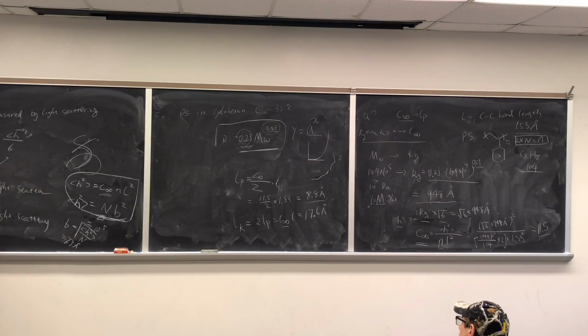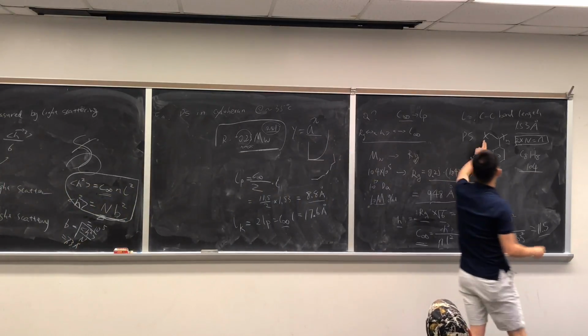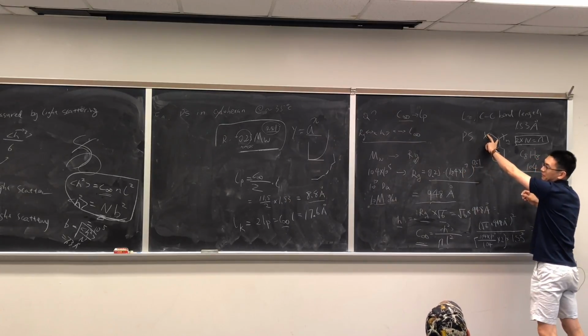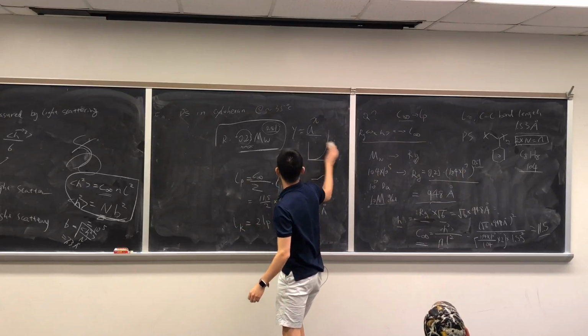So B, in other words, if you want to describe the same polystyrene chain, if you look at the number here, each bond, we talked about that, right? Each bond is about 1.53 angstrom.